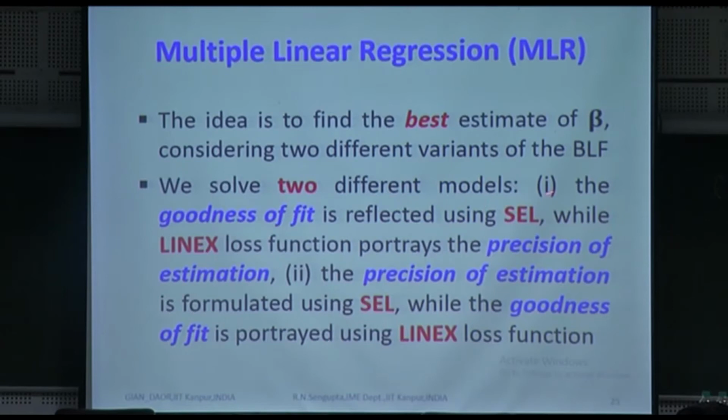In the first case, goodness of fit is reflected using squared error loss, while the Linex loss function portrays the precision of estimation; that is so-called model 1. In model 2, the precision of estimation is SEL, that is reversed, while the goodness of fit is Linex.